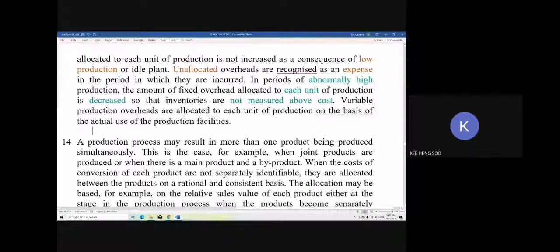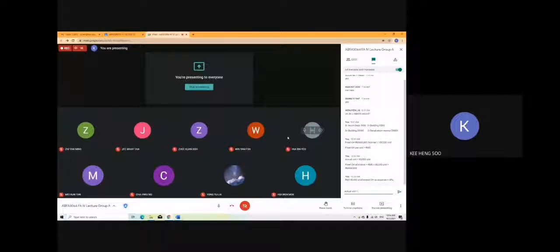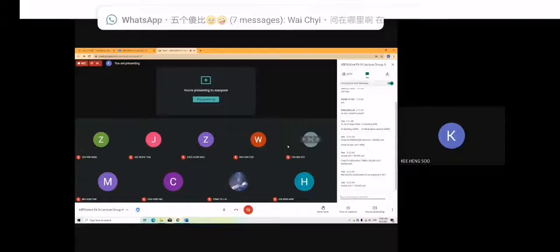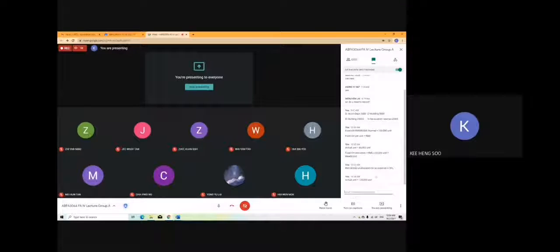Okay, now you look at here. I give you another. Okay, I put it 125. Sorry, fixed overhead per unit.